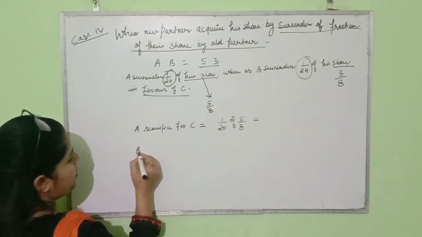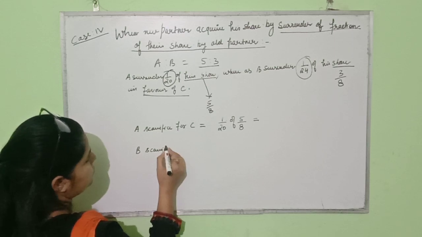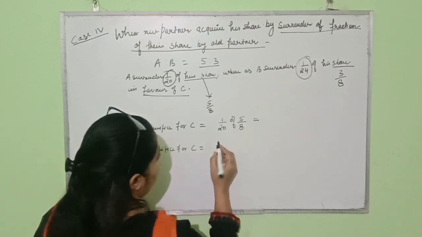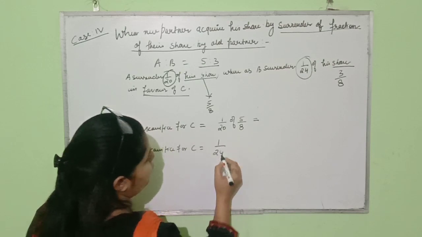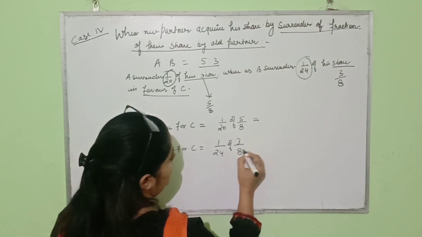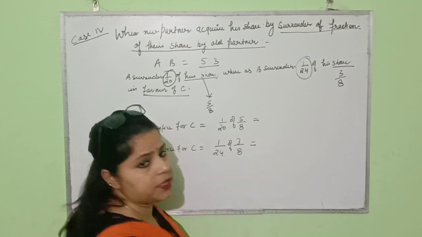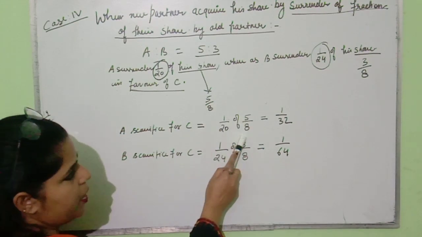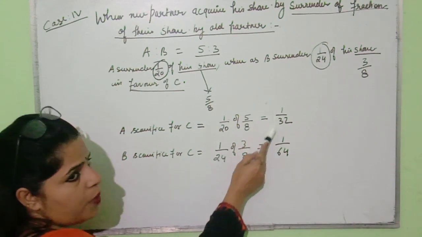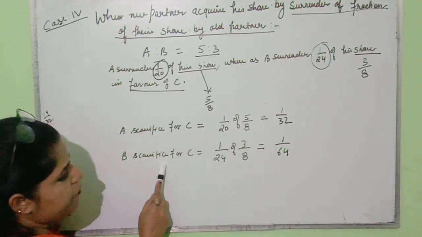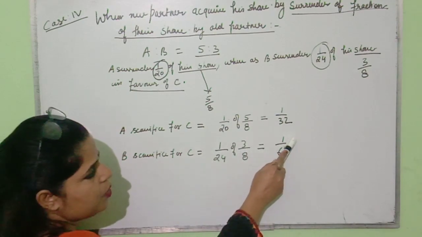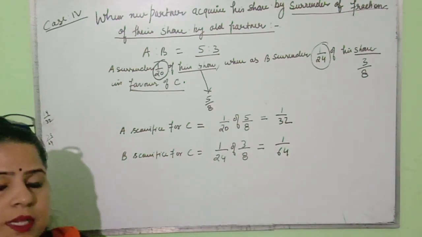Similarly, B sacrifices for C, that is 1/24 of 3/8. Let us calculate. 1/20 of 5/8, that equals 1/32. When you solve this, you will get 1/32. B sacrifices for C, that is 1/24 of 3/8, that equals 1/64. So this is step number 1.